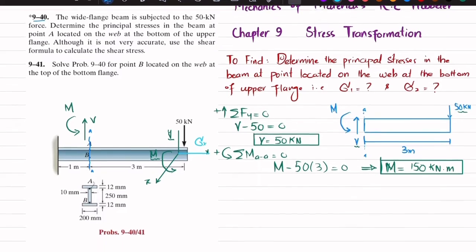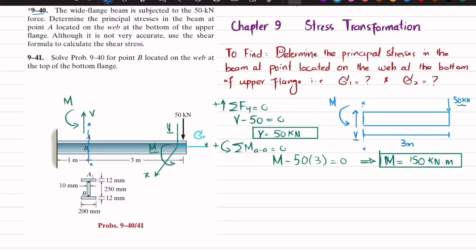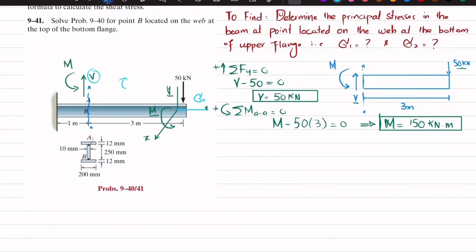So we'll find this sigma x at B, and due to shear force V, we will have shear stress. Since we are finding at B, we will find this.